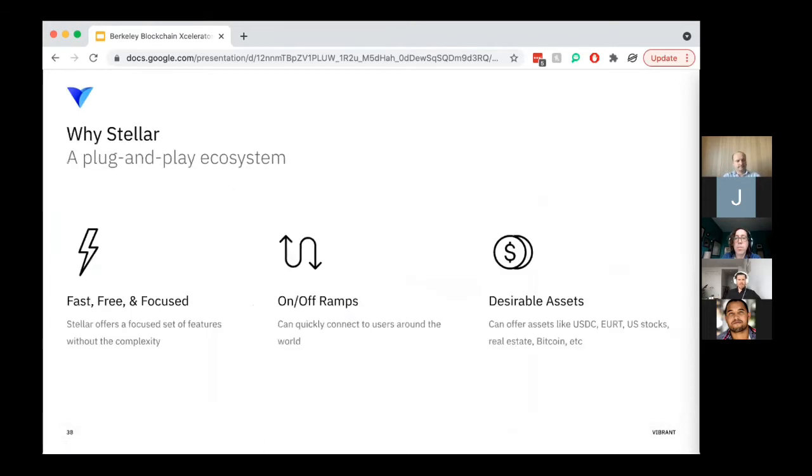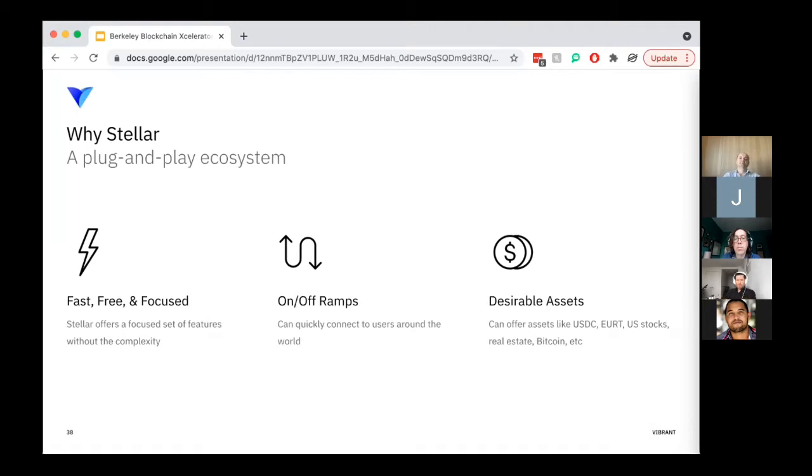So why Stellar? It's very fast. It could be free for your users via some great abstractions that Stellar provides. And it's really focused. It's just this very clear asset network for exchanging between assets. And like Justin said, there are a lot of on and off ramps that are already available in the ecosystem that you can plug into.